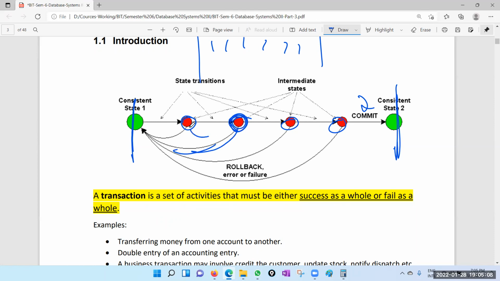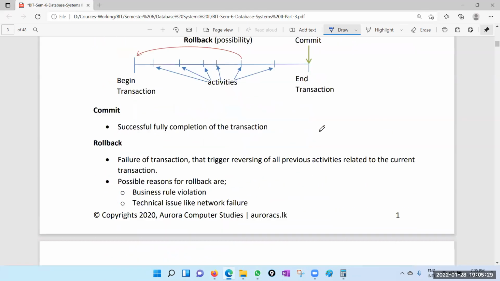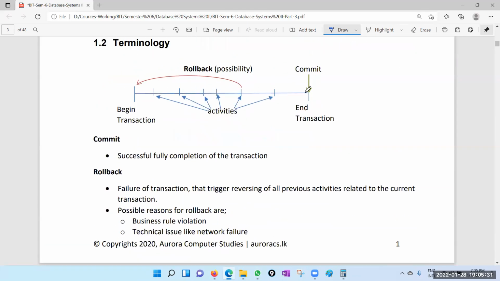Rollback means we have to undo all the previous actions also. A transaction must either be committed or rolled back: 100% success or 100% fail, as if nothing happened.